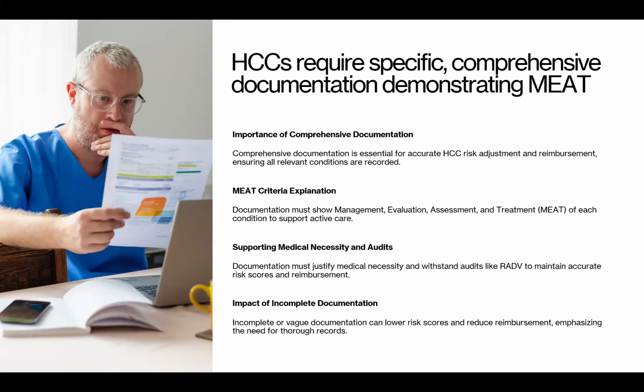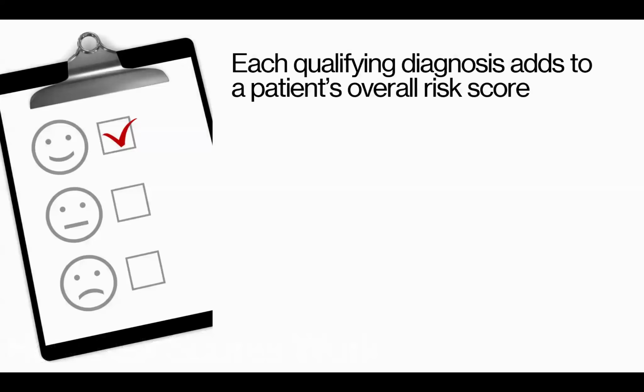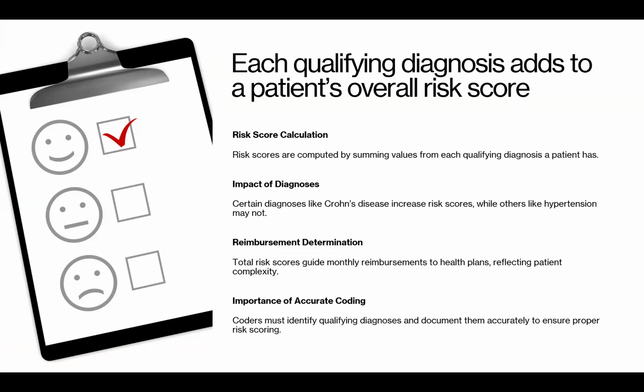That could mean sending a patient for a referral, doing an exam, ordering tests, evaluating tests, or what have you. And again, each qualifying diagnosis, in other words, each reimbursable HCC, increases the risk score. Certain diagnoses, like we've just seen, like Crohn's disease, increase the risk score. Others, like hypertension, do not.